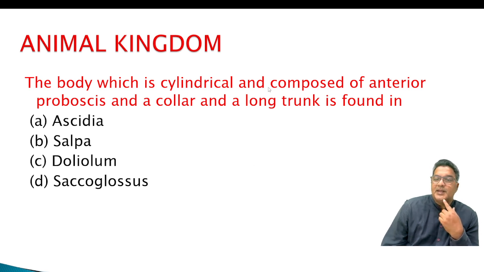Body which is cylindrical and composed of anterior proboscis, a collar and a long trunk: we need to select from phylum Hemichordata. Ascidia, Salpa, Doliolum are subphylum Urochordata. So Balanoglossus and Saccoglossus are from Hemichordata.